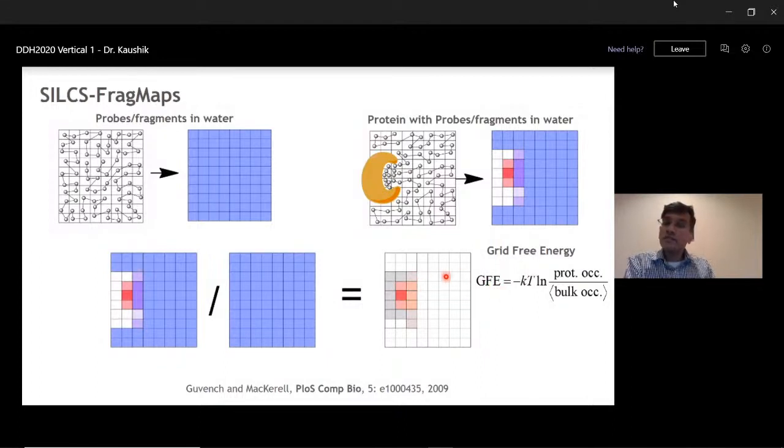So what is grid free energy is essentially this. You are evaluating the probability of finding a given probe molecule in a given grid or voxel or subspace. So that is what is grid free energy. So you run this simulation twice. One is in the absence of the protein, one is in the presence of the protein.